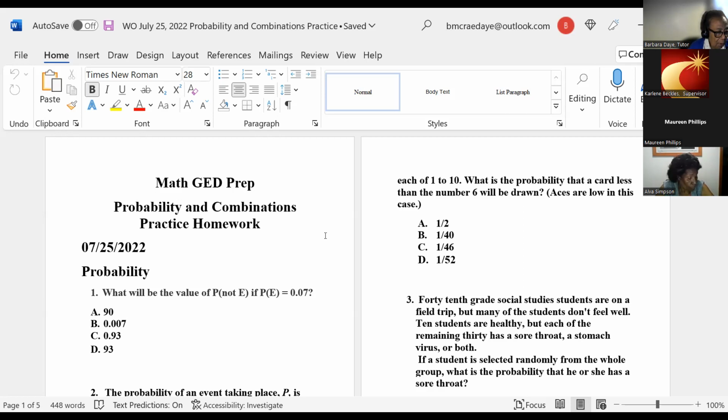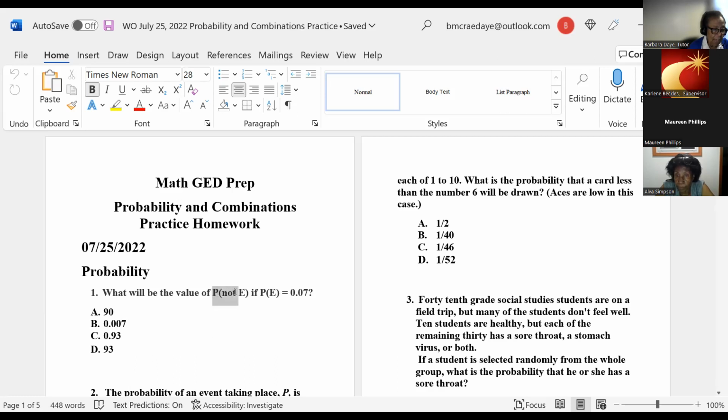Now, probabilities add up to 1 or 100%, right? Yes. So if the probability of E is 0.07, the probability of not E would be 1 minus 0.07. Okay, so let's just put that here.